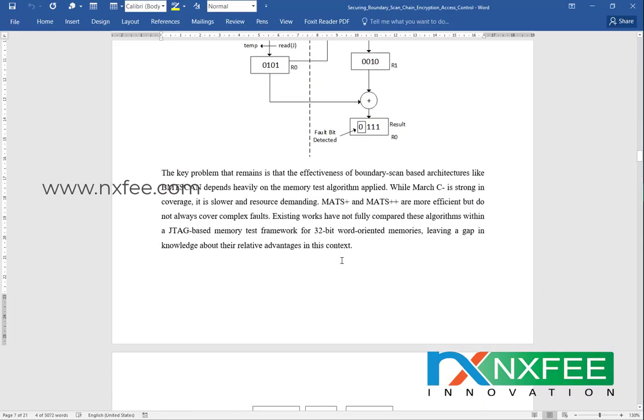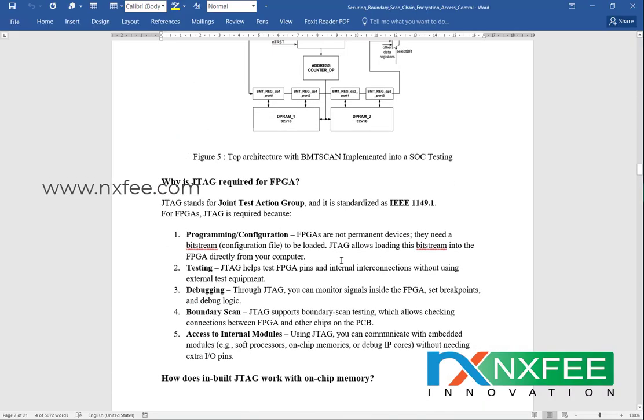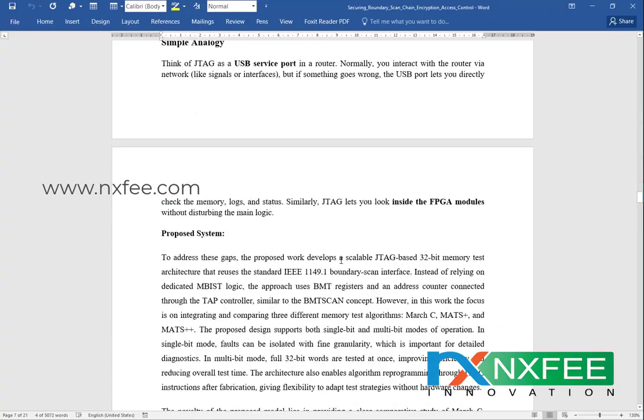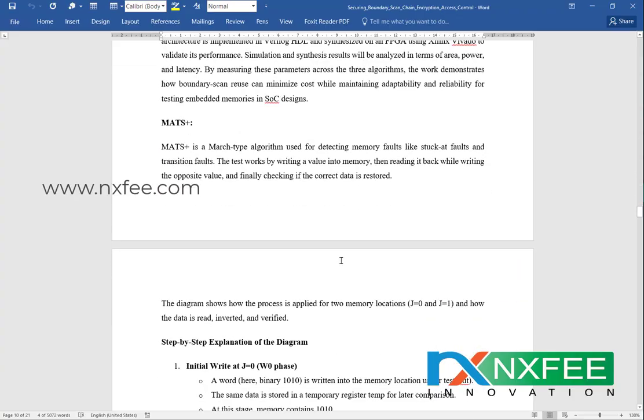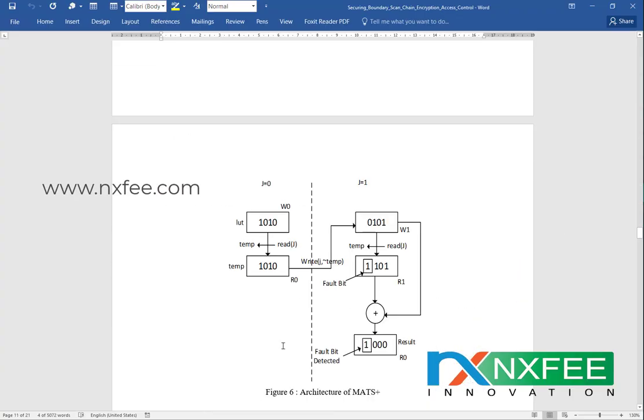But we remodified this architecture as proposed with the MATS+ and MATS++ architectures. Here you can verify the MATS+ architecture. It has 1 writing and 1 reading operation.